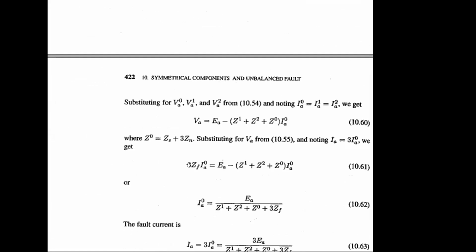And from that, we can get VA equals ZF times 3 IA naught, right? So this part is there already. When we simplify, we can extract the IA0 part in terms of the internal voltage, which is the positive sequence internal voltage, and the impedances Z1, Z2, Z0, and ZF.